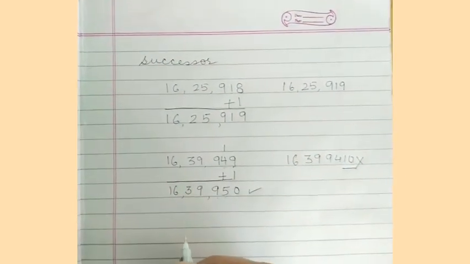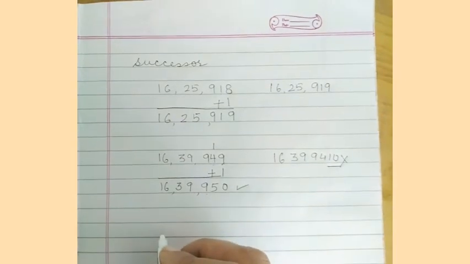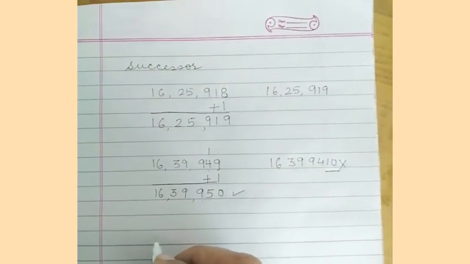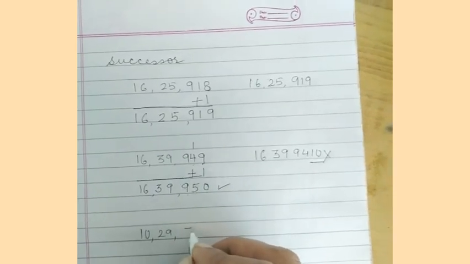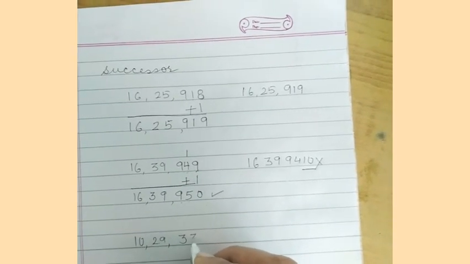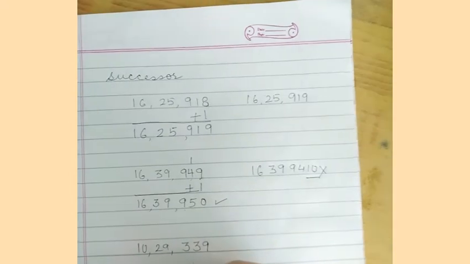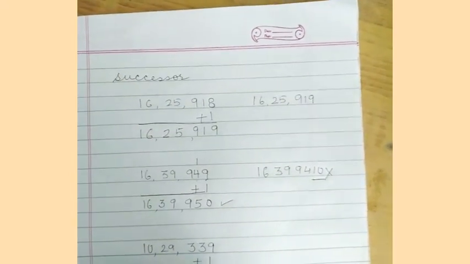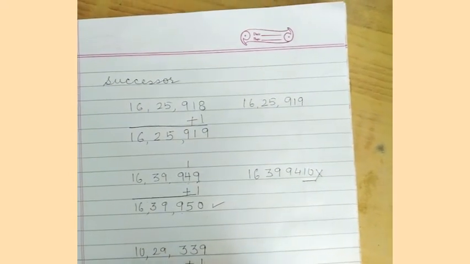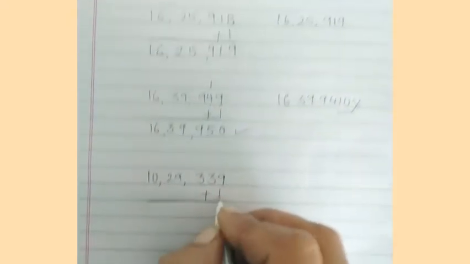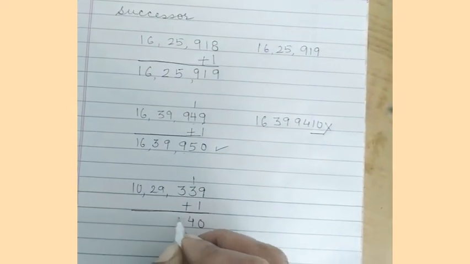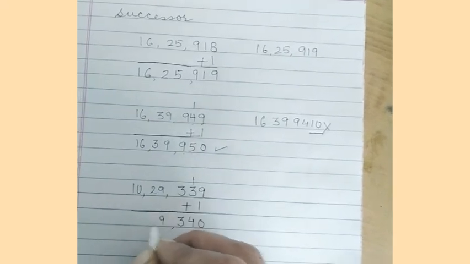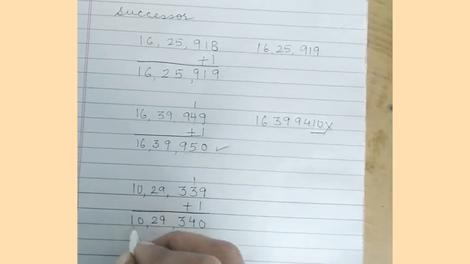Let's take one more example. What will be the successor of 10,29,339? Again, in case of any doubt, simply add 1. 9 plus 1 is 10. So 0, 1 carried, 3 plus 1 is 4, then 3, 9, 2, 0 and 1.